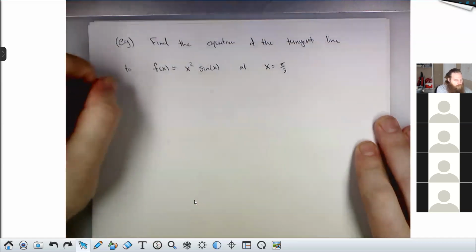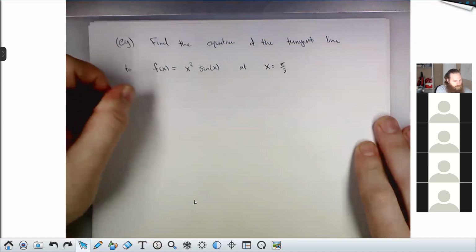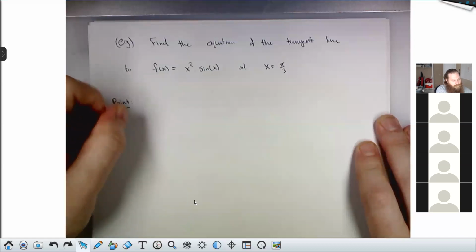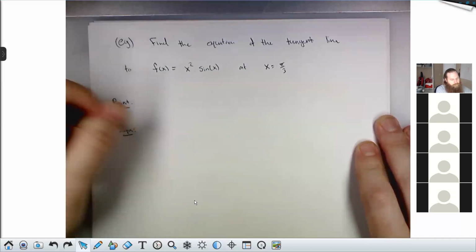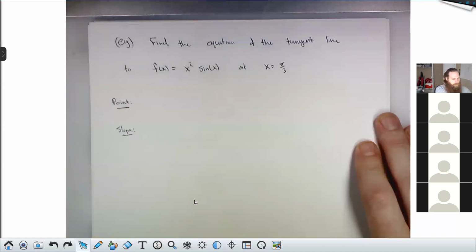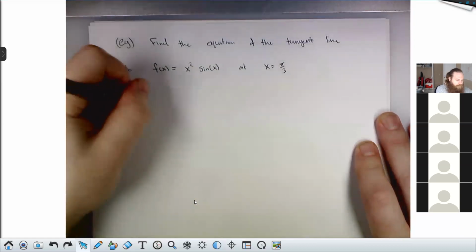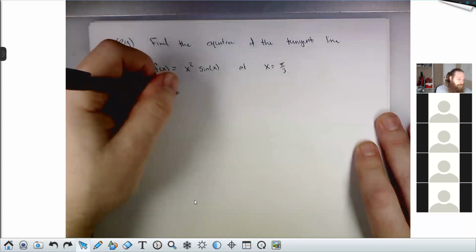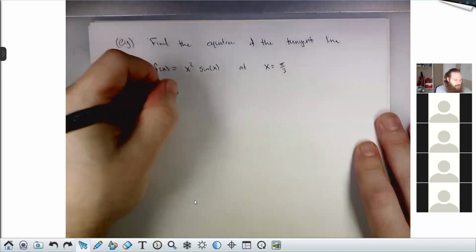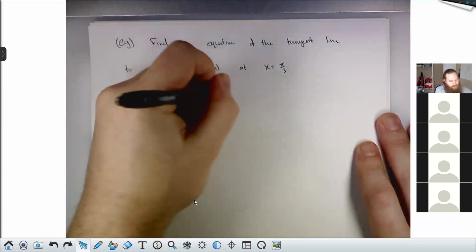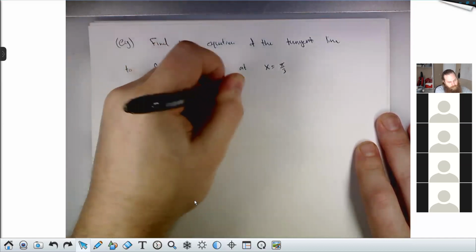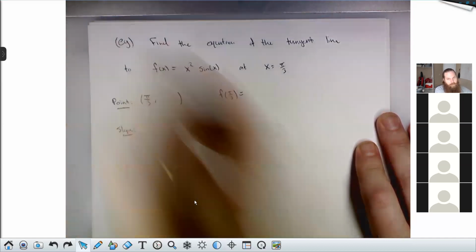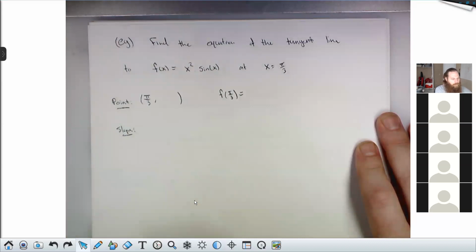As always, I need two things. I need a point and I need a slope. My point is going to be pi over 3 comma something, but I need to figure out what the something is. So what is f of pi over 3 here? What's the point on the graph where x is equal to pi over 3?